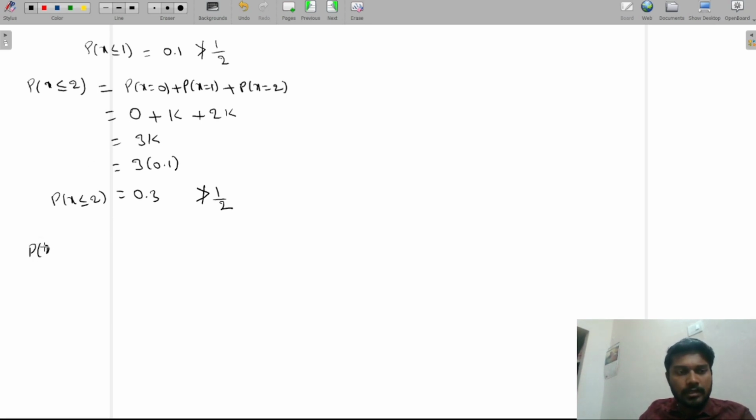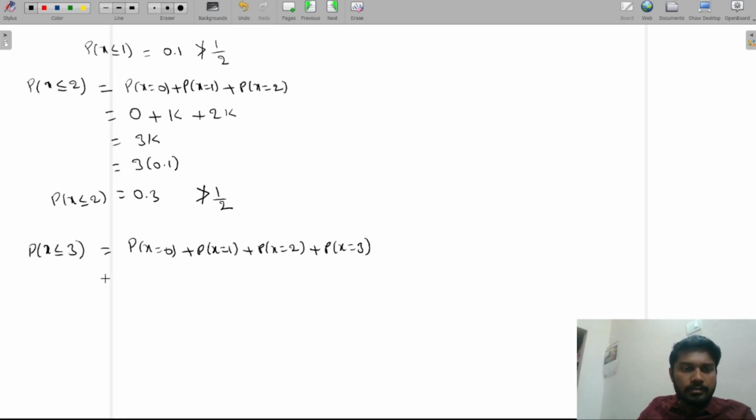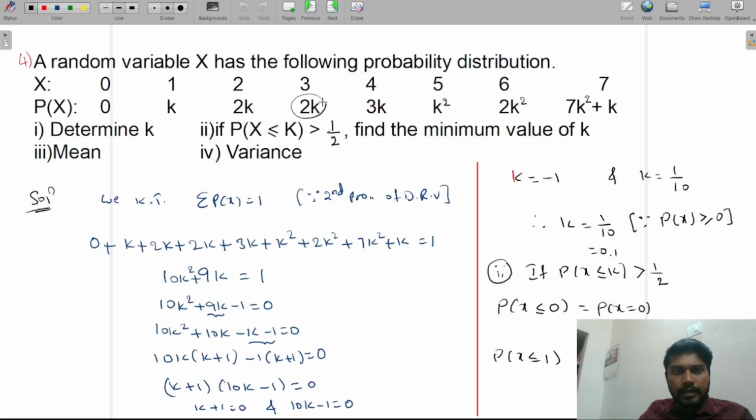Similarly, I substituted 0, 1, 2. Now substituting 3. So P(X ≤ 3) is equal to P(X=0) plus P(X=1) plus P(X=2) plus P(X=3). At x equal to 0, what is the probability I'm having? 0. At x equal to 1, k. At x equal to 2, 2k. At x equal to 3, what probability am I having? Again 2k. Yes or no? Right.